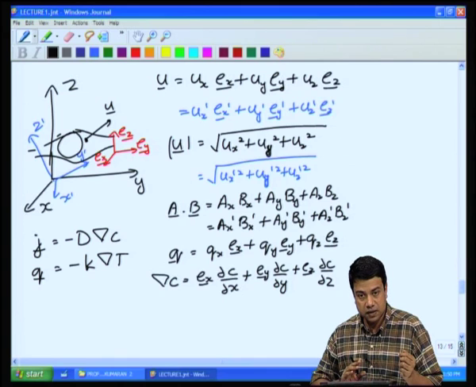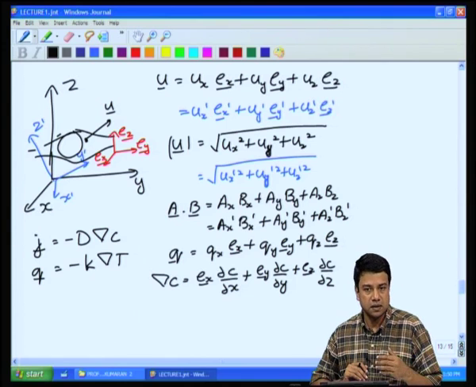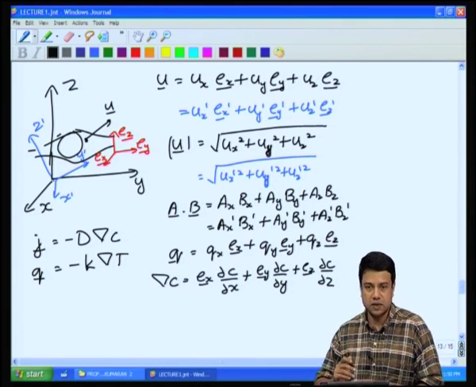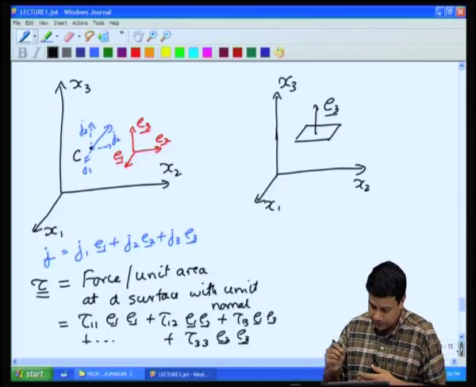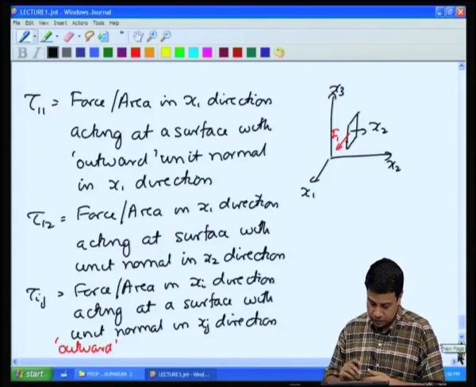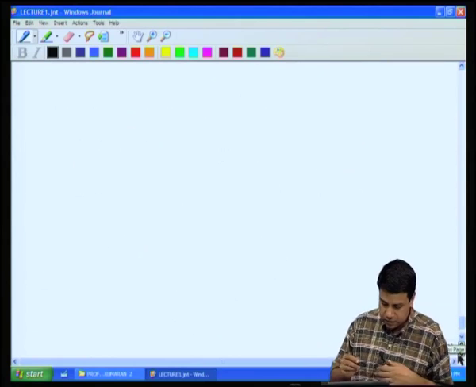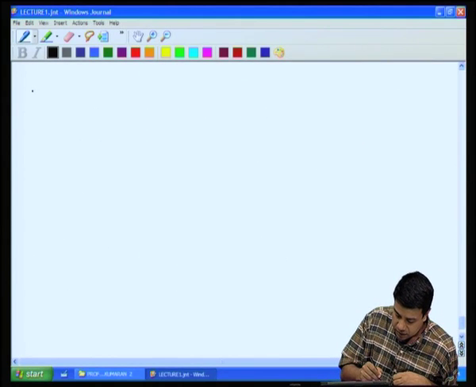So, this gives you a vector for a scalar field, the gradient. I could also take the gradient of a vector field, okay, and that would give me a second order tensor. The vector that we will use most often throughout this course is the velocity vector, because we are writing conservation equations for the velocity field. So, I can write the gradient of velocity as a second order tensor.